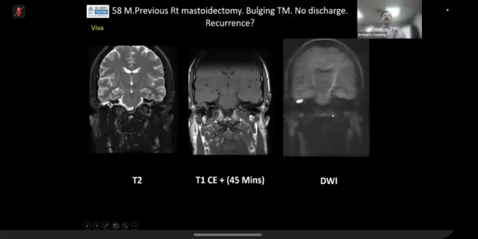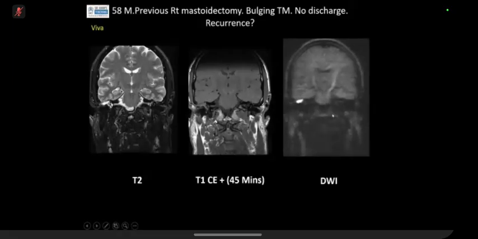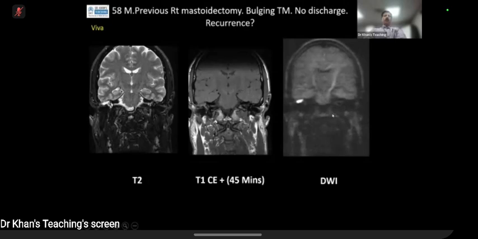Yeah, so let me now tell you something basic about the role of MR in cholesteatoma. Initially, people used to just do CT scans for cholesteatoma. Then people realized that there is a role of MR. And the initial role in which they started was in recurrent cholesteatoma.